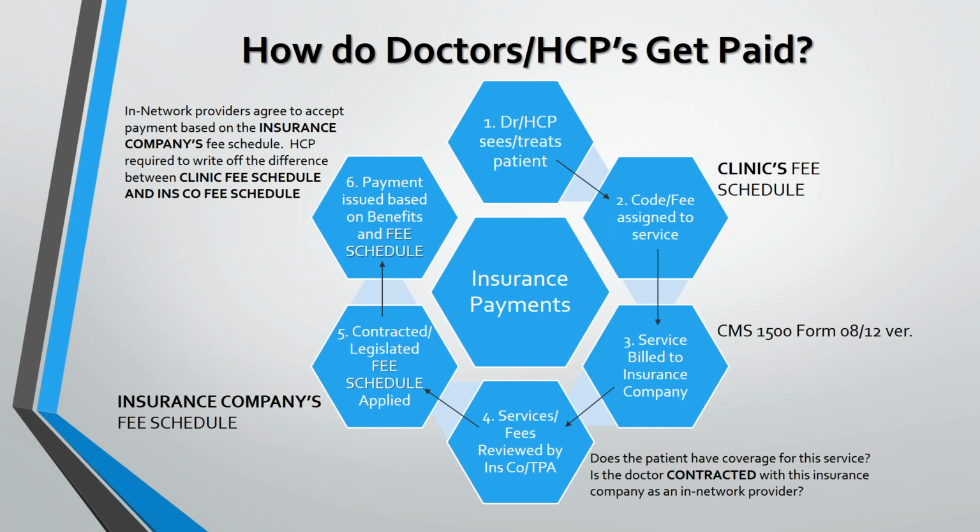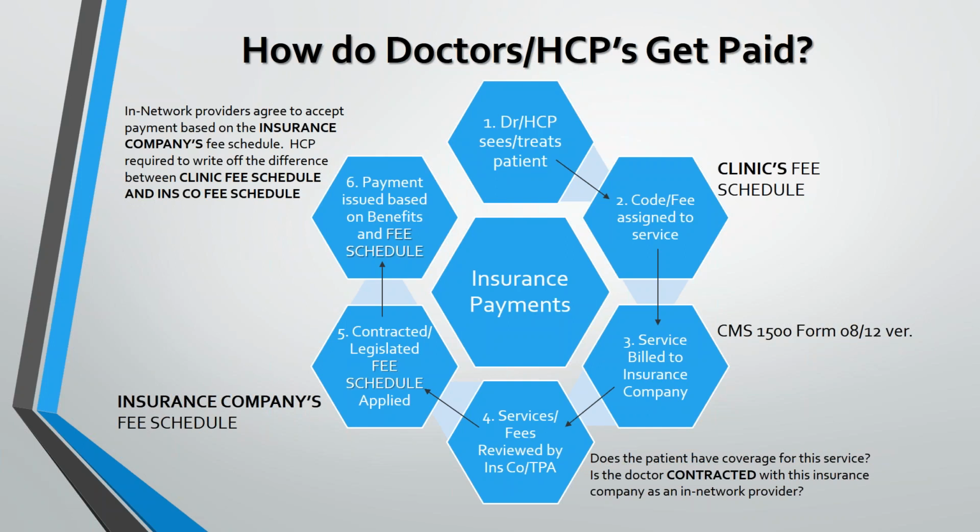Of course, if a patient is a self-pay patient, it's going to be a little bit different. And we are talking about doctors and healthcare practitioners, so we're discussing professional claims here. We're not discussing hospital claims. So if you're listening to this and you are a hospital biller, this is going to be different. But for professional claims, this is typically how the flow of a professional claim is going to work.